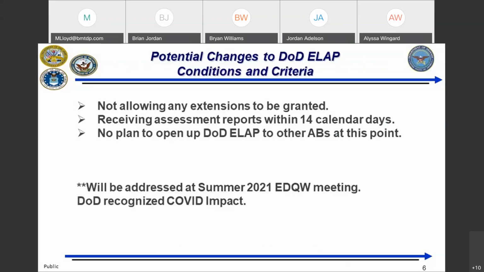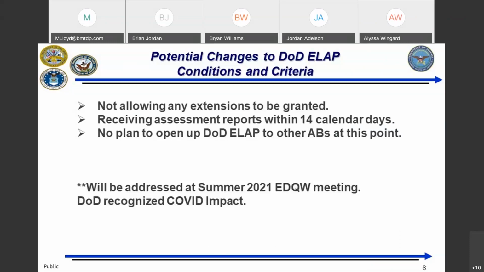So that leads us to where we are with potential changes to the DoD ELAP program. As I've said, it's stabilized over the years, but we're always striving for improvement as well. Some of the things we've seen over the past many years of the program is that some of the accrediting bodies are allowing extensions to be granted.